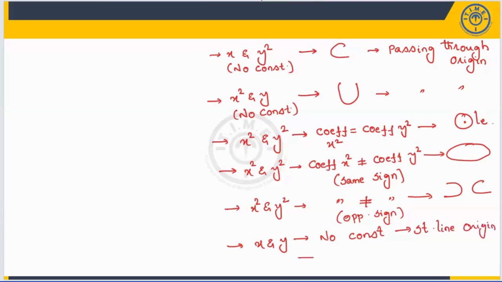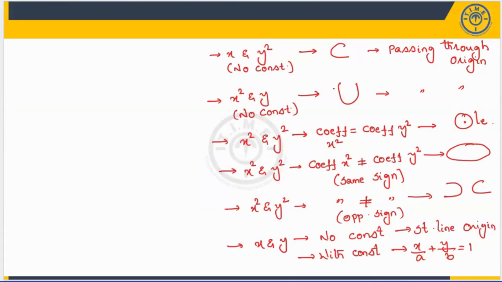And if I'm having x and y with a constant, then try to convert it into the form x by a plus y by b equals 1, where a represents the x-intercept and b represents the y-intercept. Based on that, you can plot the curves. Okay, so these are the curves.